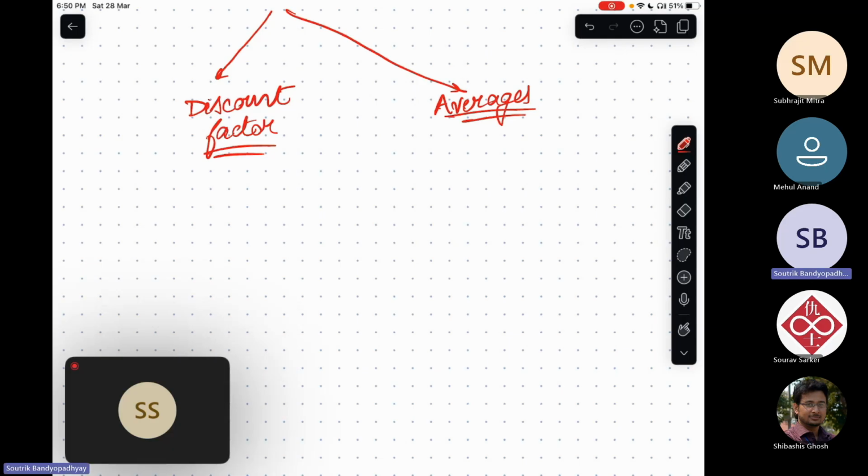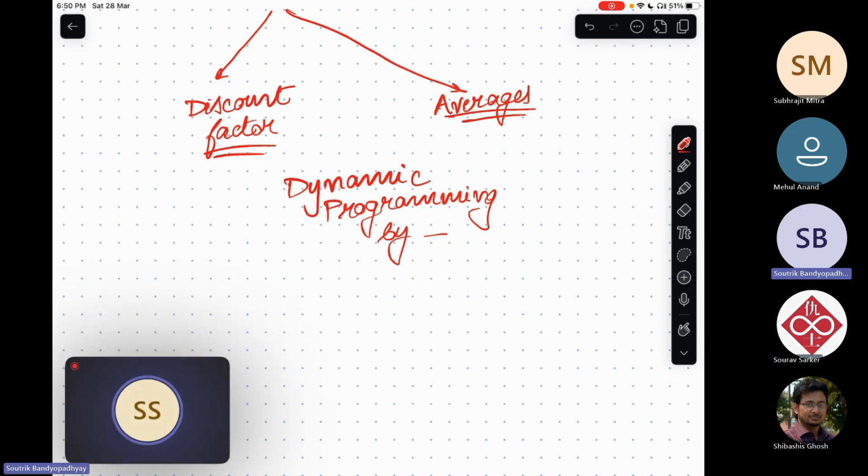I forget the name. I'm sorry, it's Dynamic Programming. Give me 1 second, let me find out the reference because I want the readers to be able to find it.